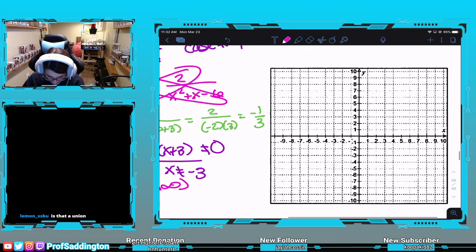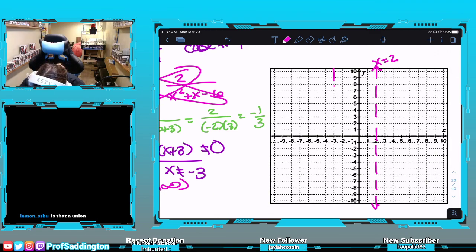All right, so I'm going to sketch these in. So we have x equals 2, and hopefully you have a straight edge. I do not, so my lines are going to be super sketchy, but that's okay. I'm going to do these as dashed so I don't get confused with the function that we're going to draw, but I'll label them. So we got x equals 2. We also have x equals negative 3.